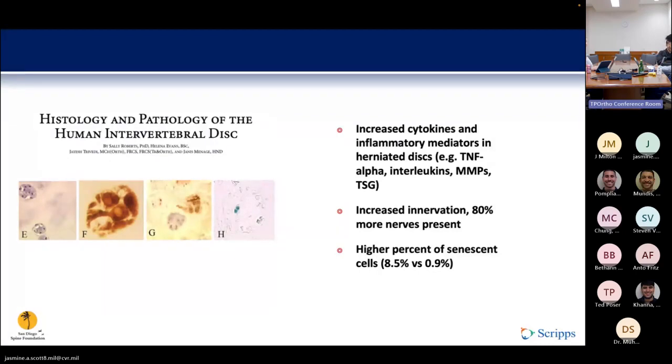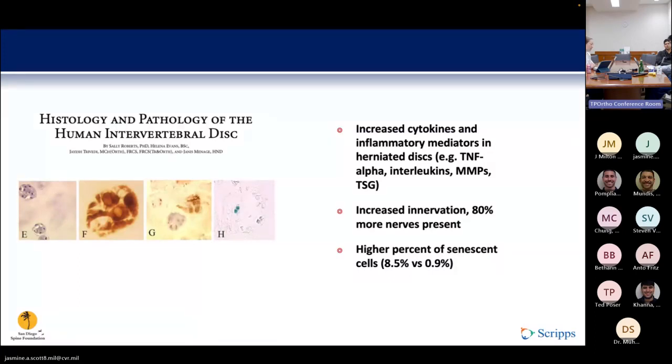This next paper looked at the histology and pathology of the human intervertebral disc. So the big takeaway for me on this was talked about those increased cytokines and inflammatory mediators in herniated discs. So that is clear that there are more. So the TNF alpha, interleukins, the MMPs, and then TSG is a precursor to TNF alpha.